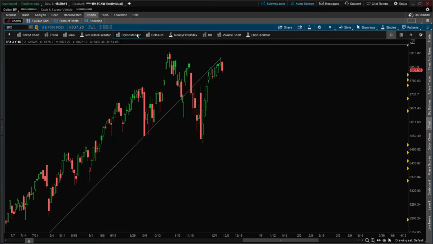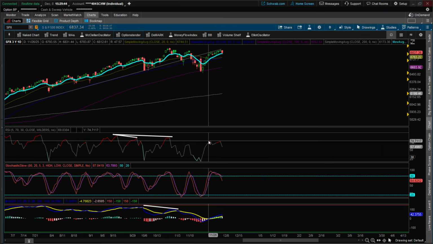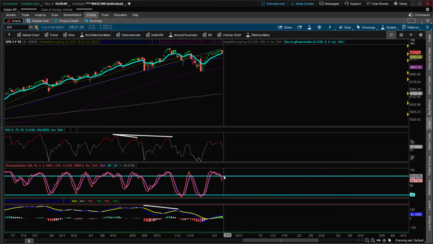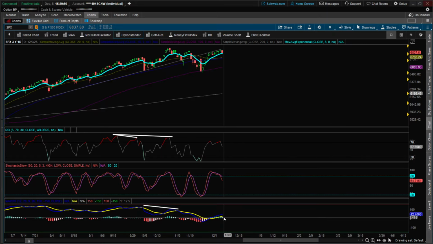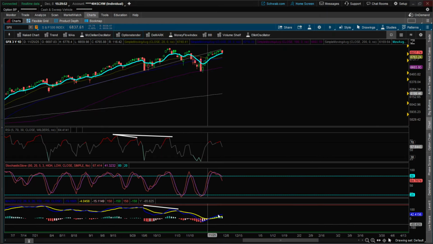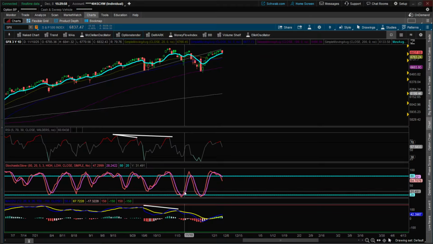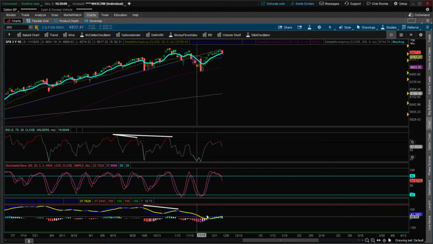And then we have our MACD. We have the divergence here, and we're getting the sell signal today on the slow stochastic, which is looking really good for our theme. We are still positive just above the zero line on the MACD, and I think that will roll over as well and continue this downtrend all the way down and cycle lower.